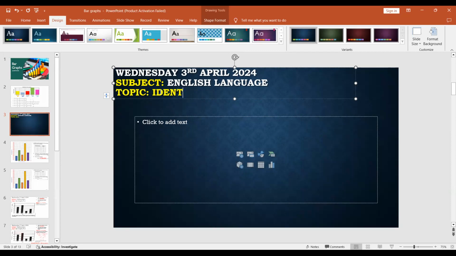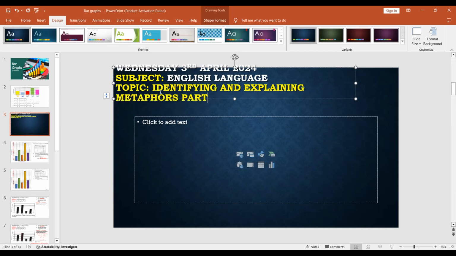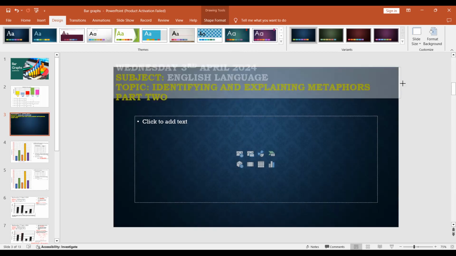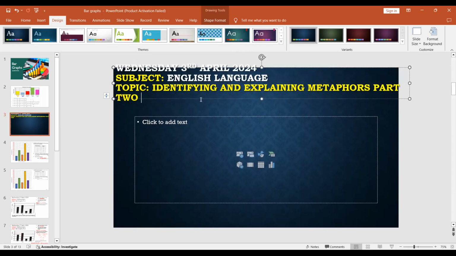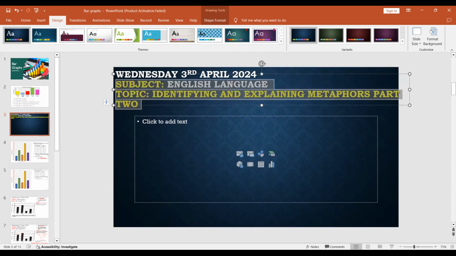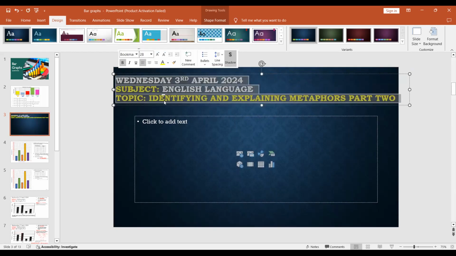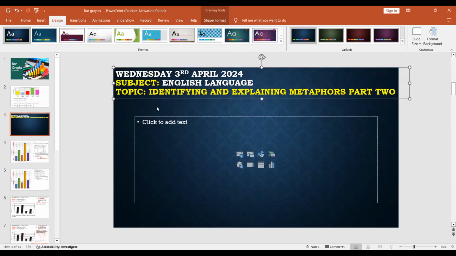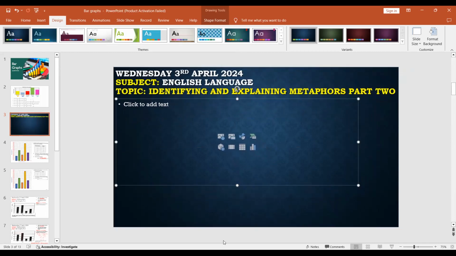This is going to be part 2. Identifying and explaining metaphors, part 2. For this one, I'm going to give you the paragraph.